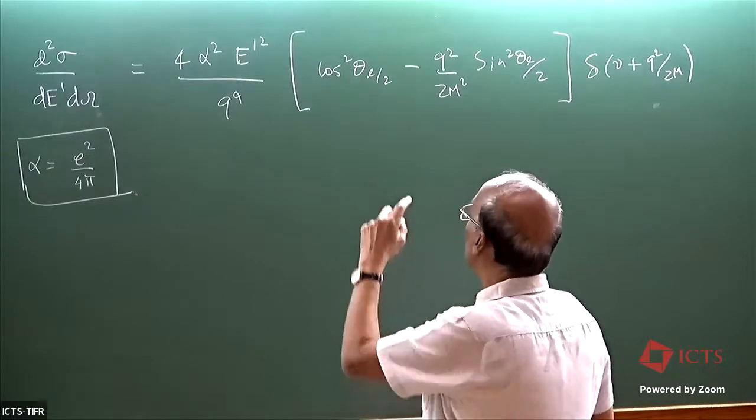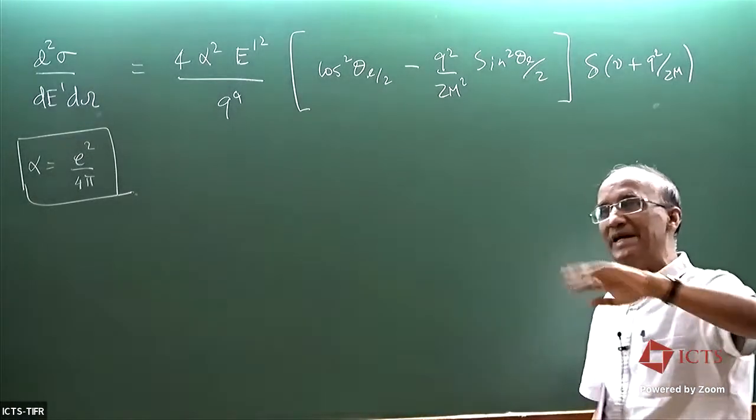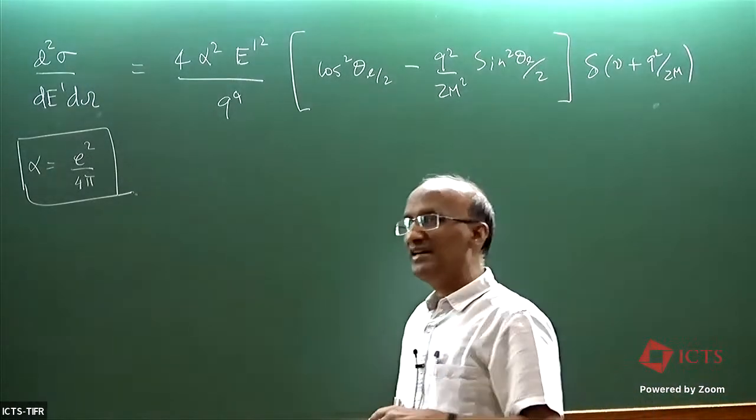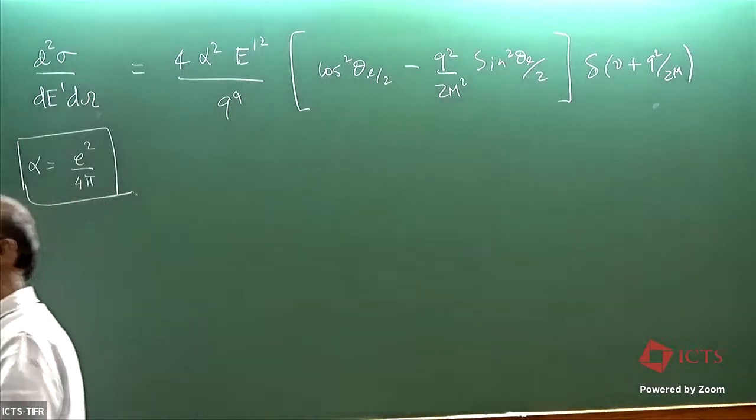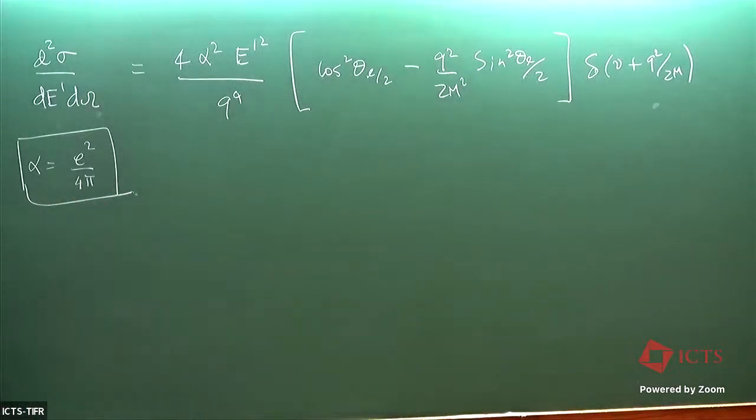If the numbers agree, then you can bet the proton is point-like. If not, it is not. That's why this exercise is very important. If you don't do this very straightforward textbook exercise, you won't be able to make any statements about the proton.